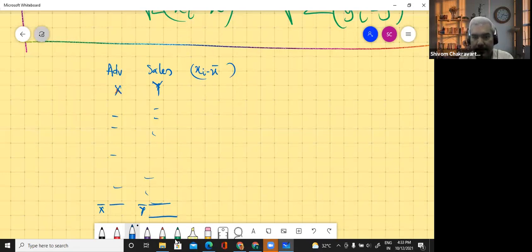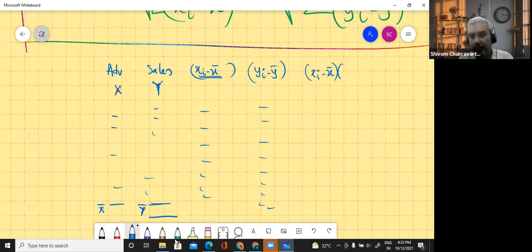Then another column, yi minus y bar, each y minus the mean of that data. Then xi minus x bar multiplied by yi minus y bar, essentially the multiplication of these two numbers for each pair.